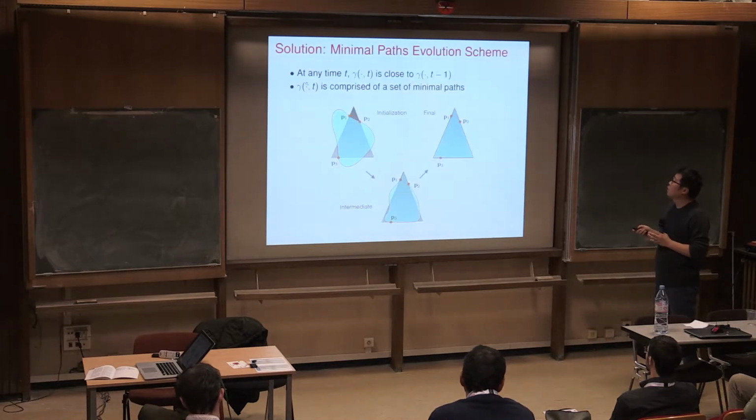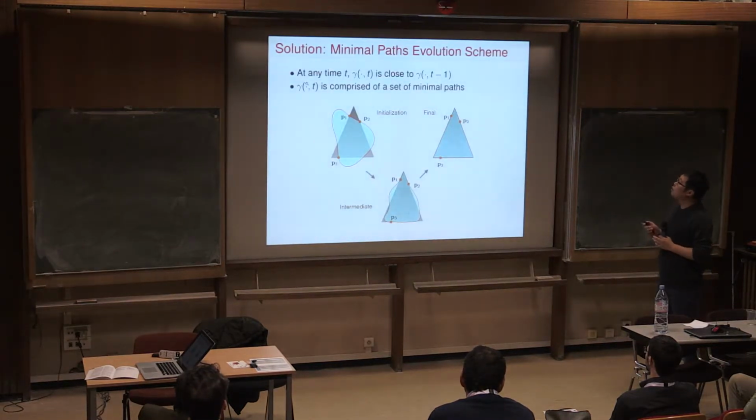So a possible solution provided in this work is to combine both minimal path models and the co-evolution scheme. Actually, we need the new model to have 2 properties. Firstly, during the co-evolution, we need the 2 successive contours to be close to each other. This means that gamma t is close to gamma t minus 1.